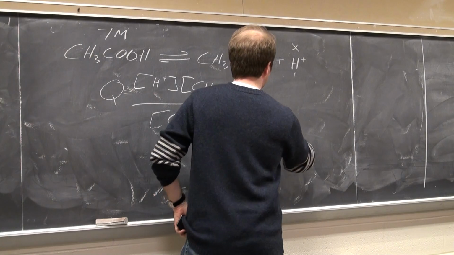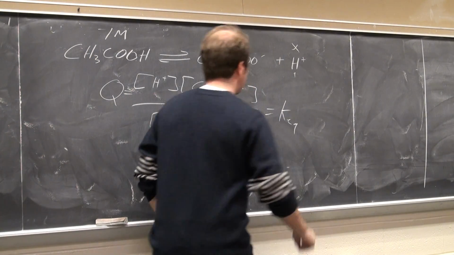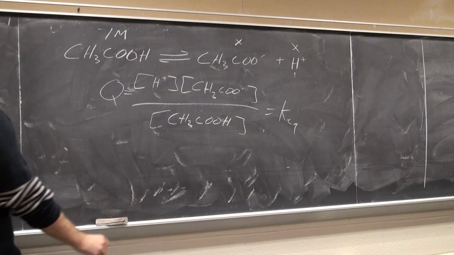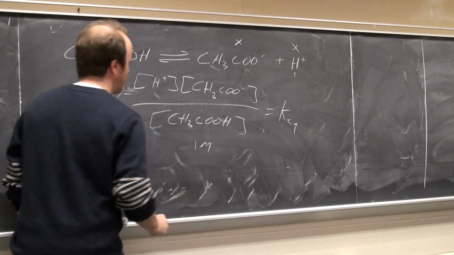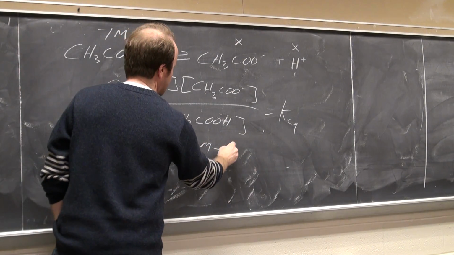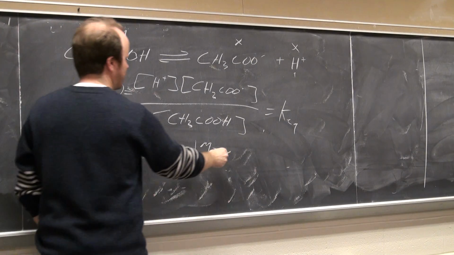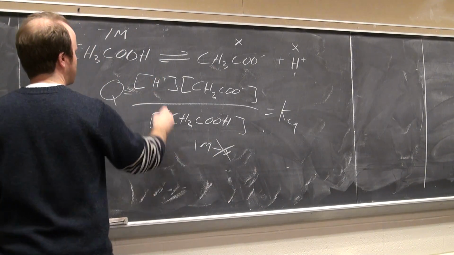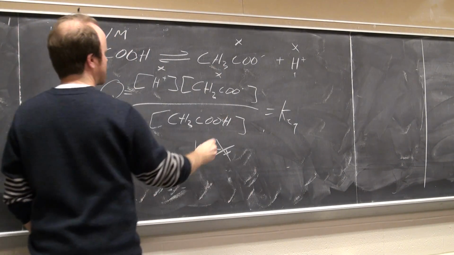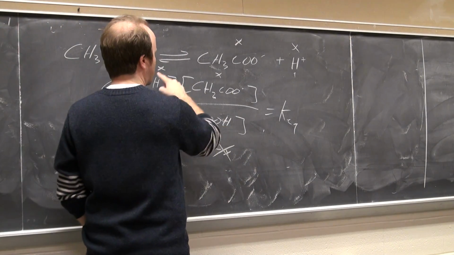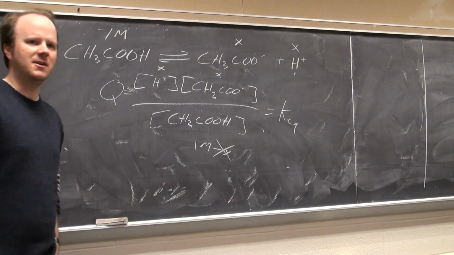And so I'll often give you KEQ. And so you can plug in 1 molar here, or 1 molar minus X, but we know that X is going to be very small, so we can just say that that's 1 molar, this is X, and this is X. And so we can solve for X given KEQ.